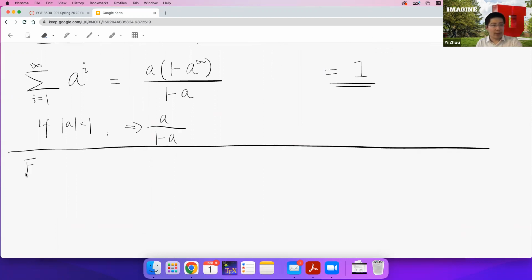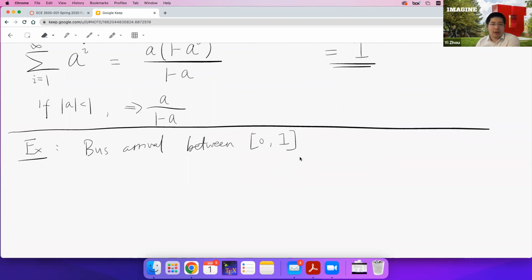So the second example is a continuous example that we have discussed before. It's a bus arrival between, for example, 0 and 1, let's say. And the way we assign the probabilities is very simple. It's simply calculating the length of the time intervals that we are interested in.